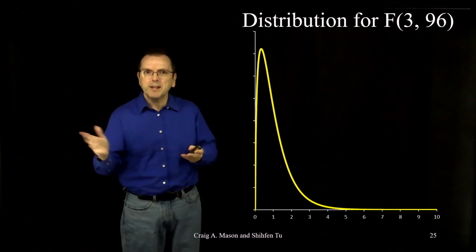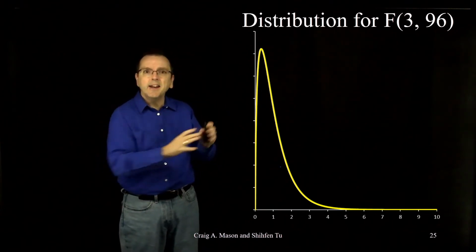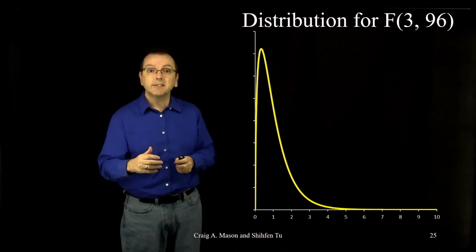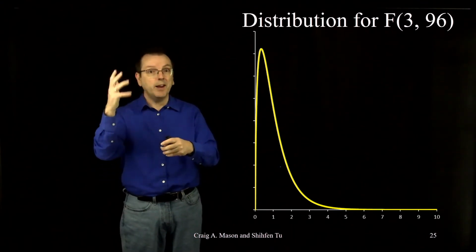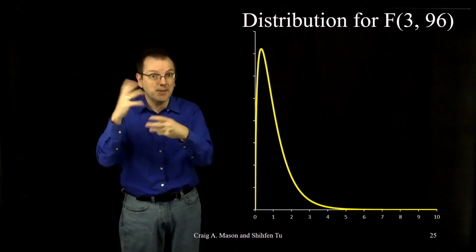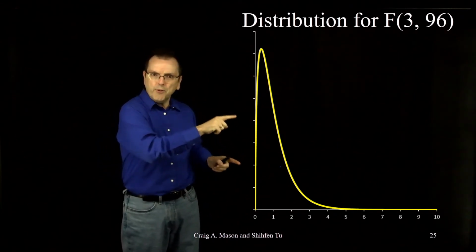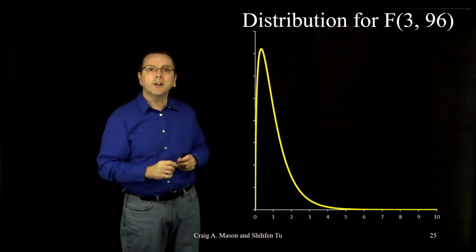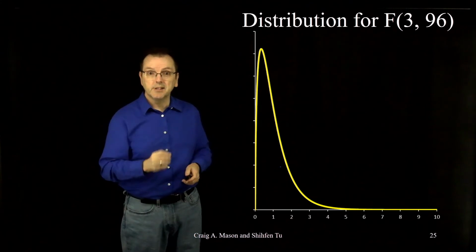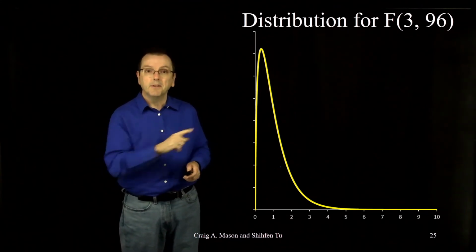And as we discussed previously, if the null is true, we expect to get an F somewhere around 1, because in that case it would just be one estimate of sigma squared divided by another estimate of that same sigma squared. And don't forget, this distribution reflects the values of F that we would expect to see if the null hypothesis is true, right?